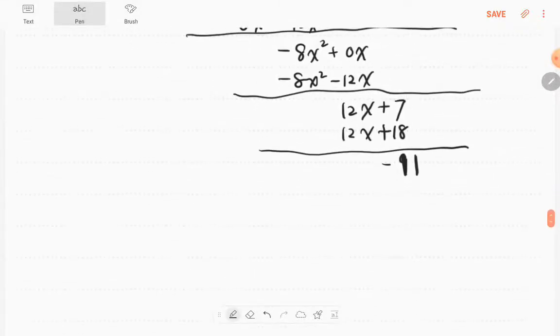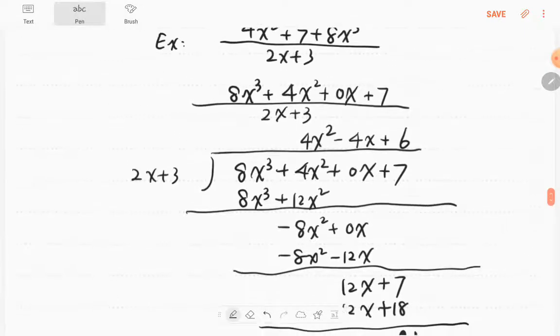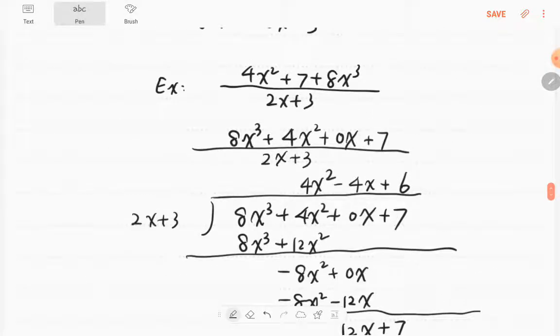So how can we write our answer? We should write our quotient. Then plus the remainder. Here is negative 11, right? Plus remainder over the divisor.